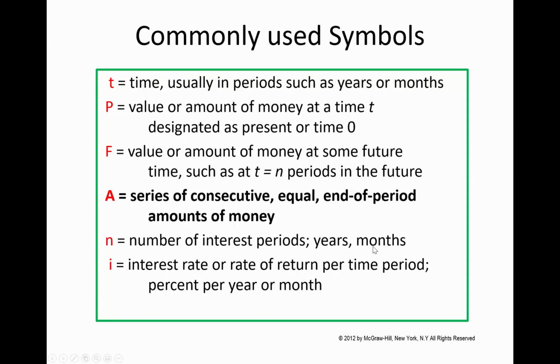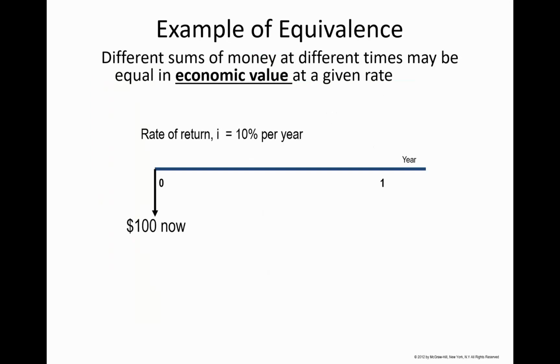All right, now here are the labels that we've looked at before. And an economic equivalence of, for example, 100 at the present, the same amount that we were talking about before, where if you have an interest rate of 10% per year, if you made a deposit of 100 now, then that means that you could withdraw from an account the amount of 110.